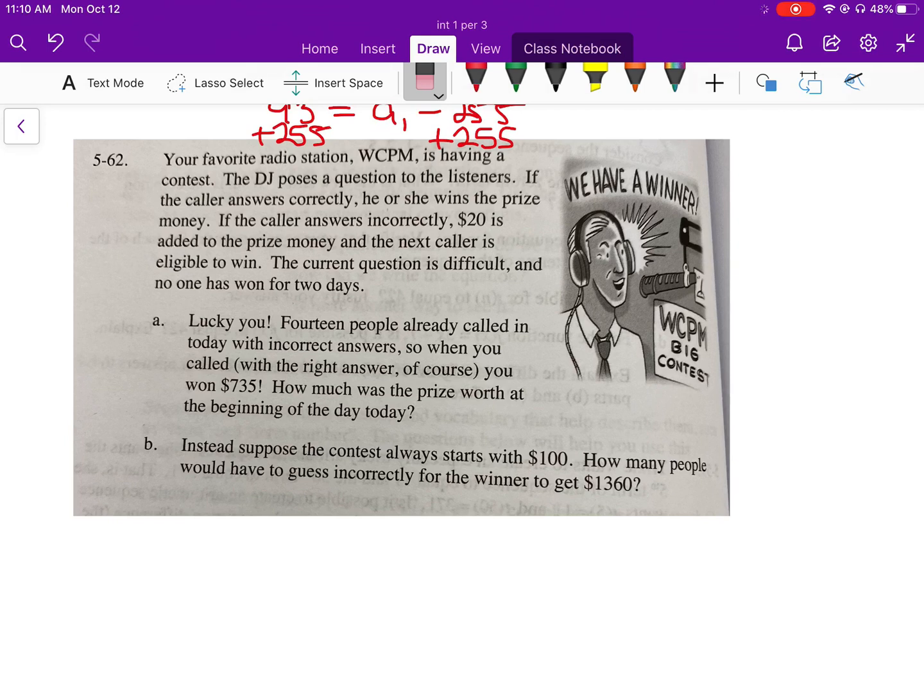Okay. So 14 people already called in. And how much does it grow for each person that incorrectly answers? I heard it. How much?